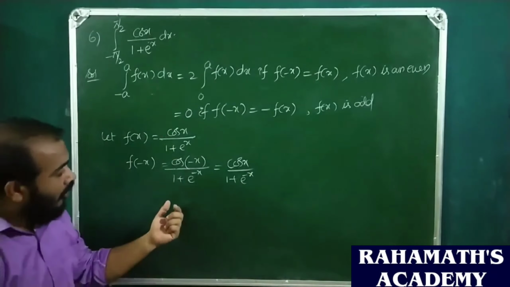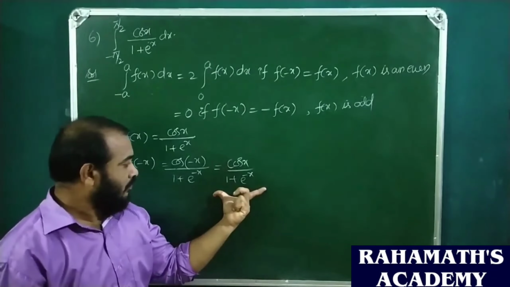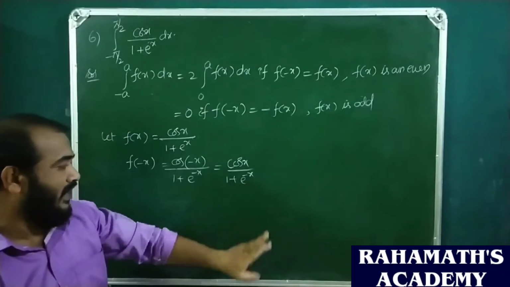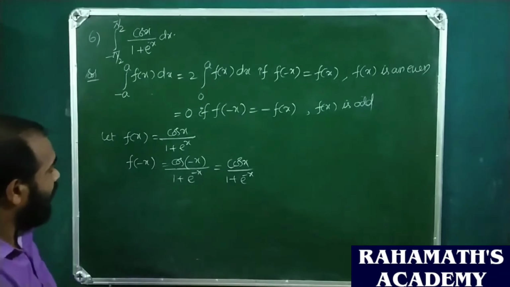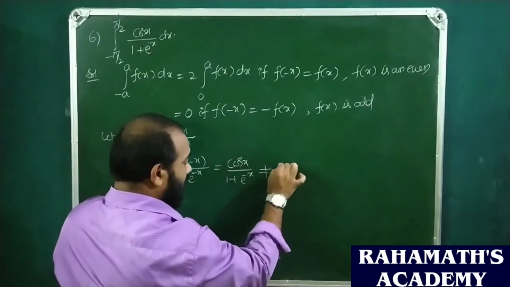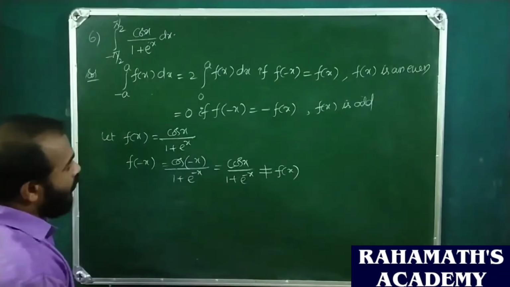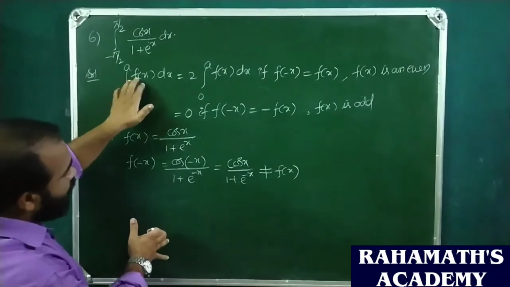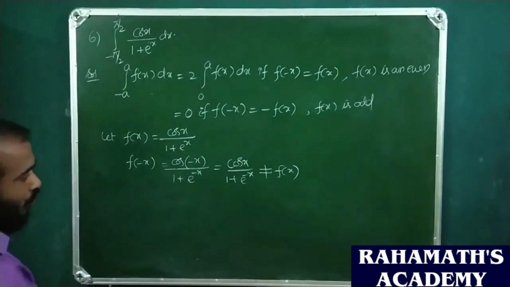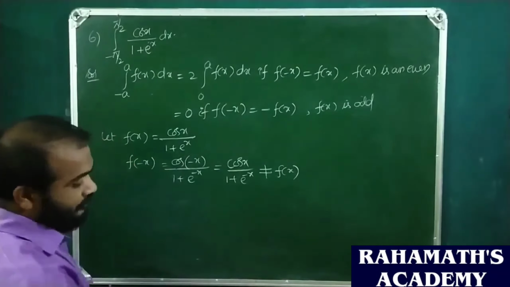But here we did not get minus f of x because it is some other function, because we are not sure about e power minus x. This whole function cannot be written as f of x; f of minus x is not equal to f of x. Since this doesn't follow this property, we need to go for another method.